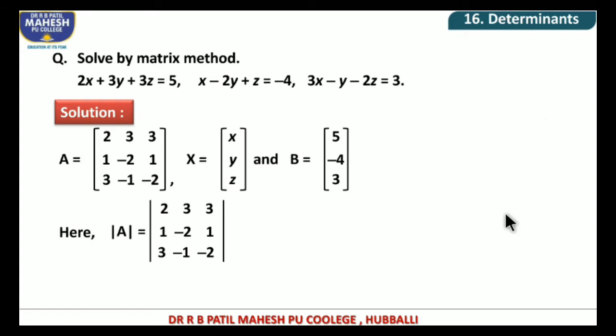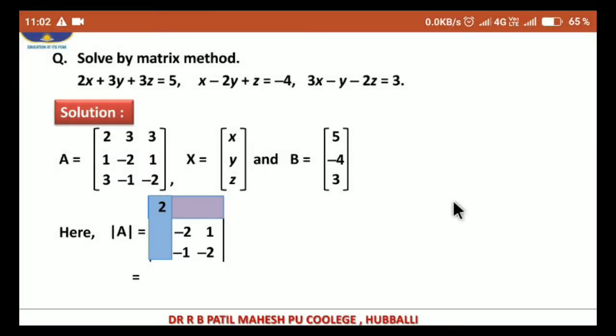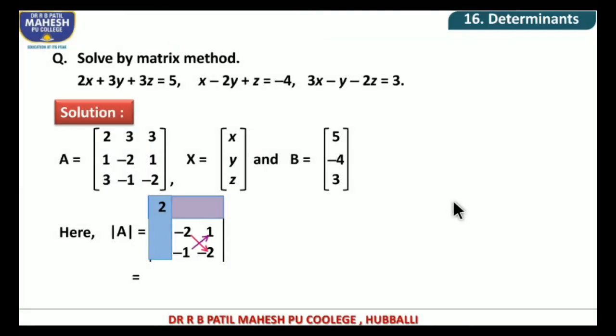We have the signs plus, minus, plus for the first row. So for the first element with the plus sign, we consider 2 into the remaining determinant value, that is 4 plus 1, because minus 2 into minus 2 is plus 4, and minus of minus 1 becomes plus 1. Therefore, 2 into the bracket of 4 plus 1.